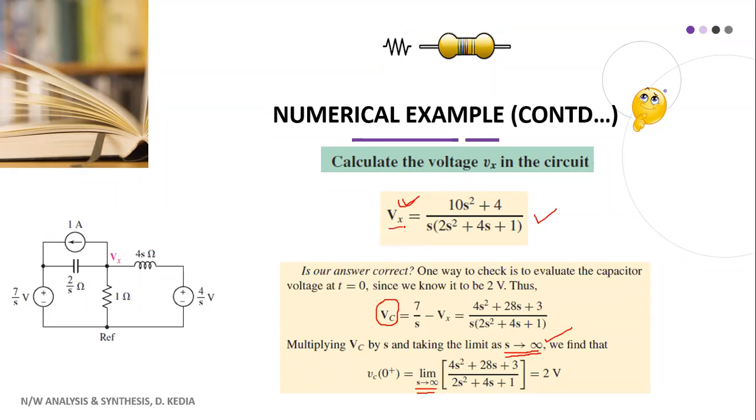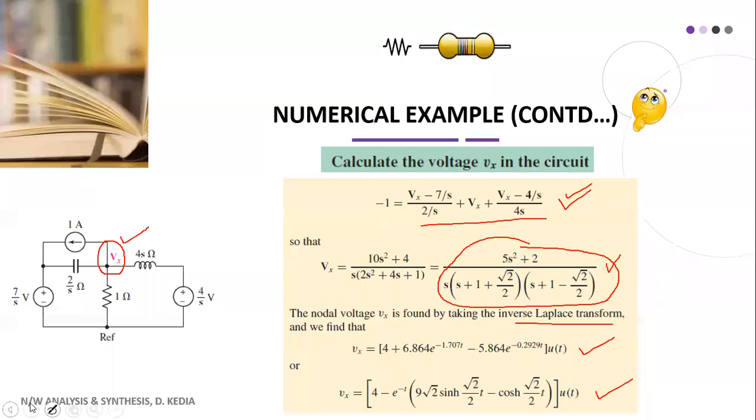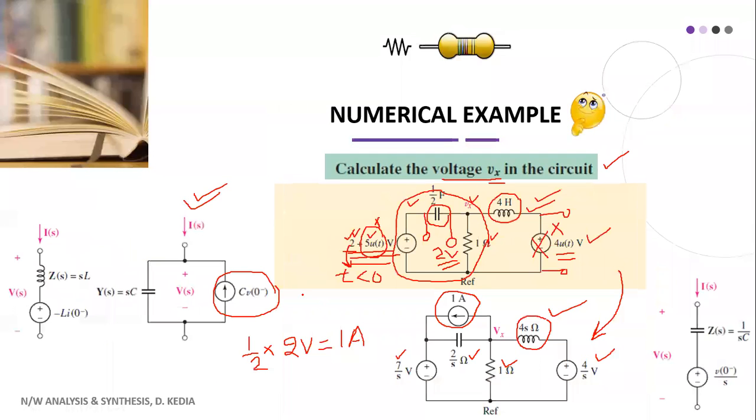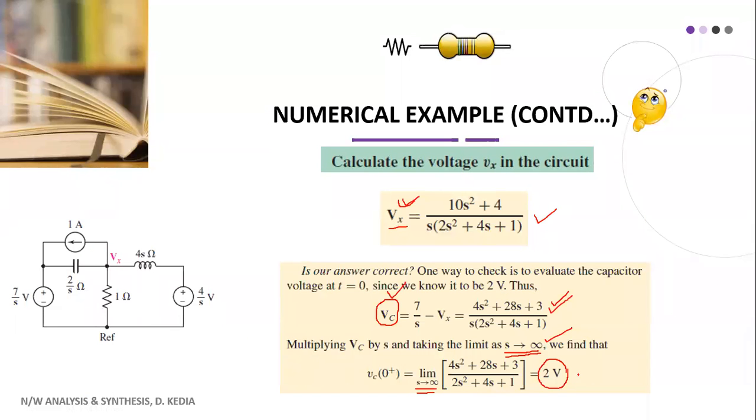So from Vx, you first obtain Vc. This is what you get as Vc, and here you make s tend to infinity. If you do that, this comes out to be 2 volt. We had obtained the initial voltage across the capacitor as 2 volt, and the same thing we have obtained here also. It means our solution is perfectly fine.